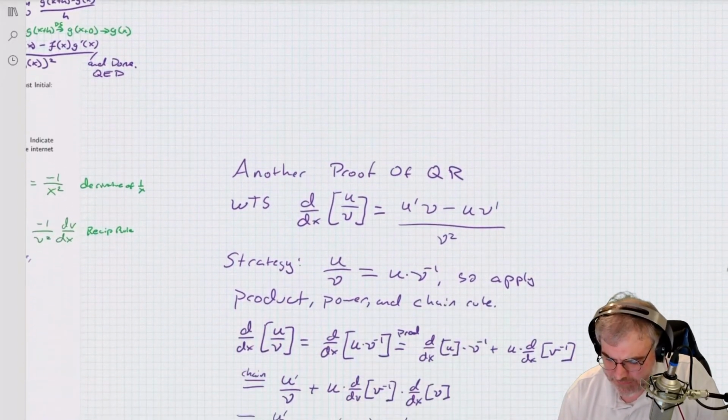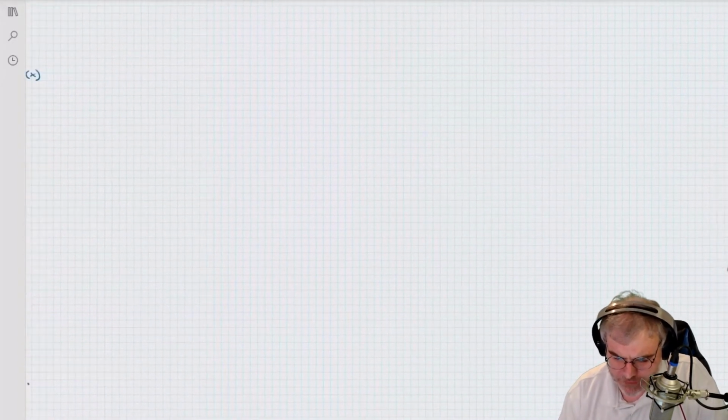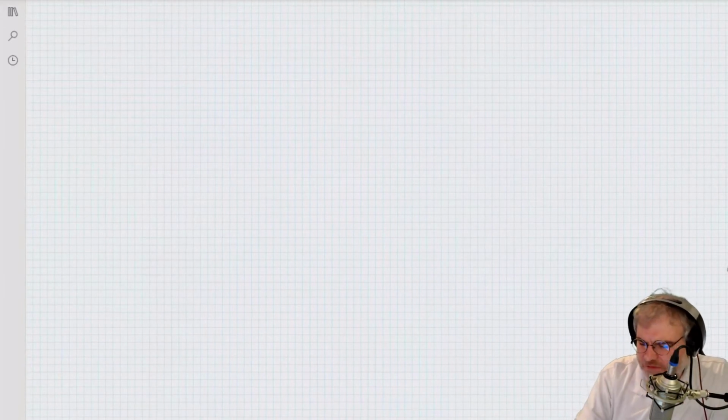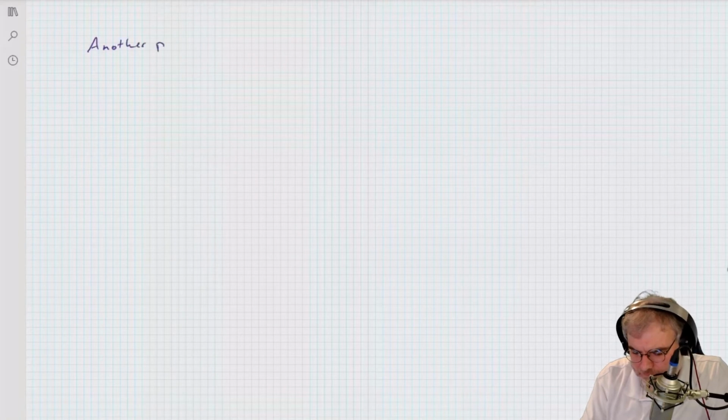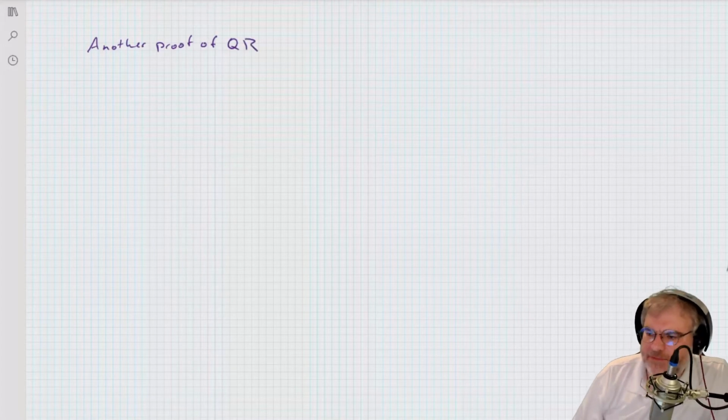Let's talk about this. This is another proof of the product rule, the quotient rule. So what I can do is use the chain rule and the power rule to do this. And here's what I mean by this.